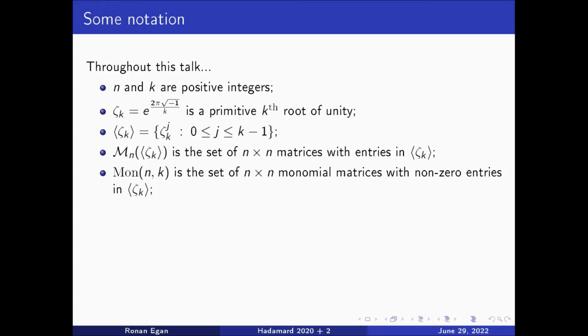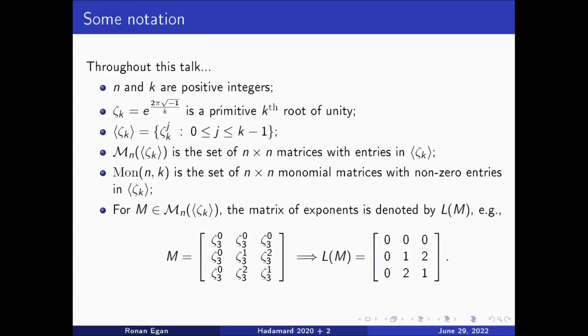What I also want to highlight, which is probably a little bit less commonly used, at least in this conference so far, is that when I have one of these n by n matrices in the kth roots, then we will take L of m to be the matrix that we get by just taking the exponents of that primitive kth root, entry-wise.